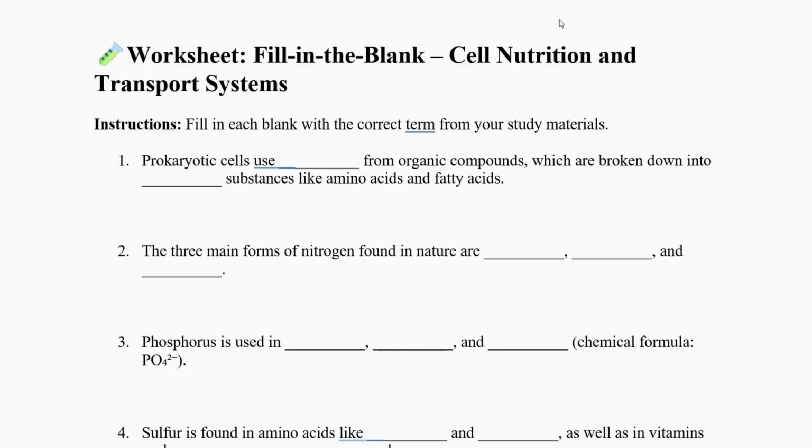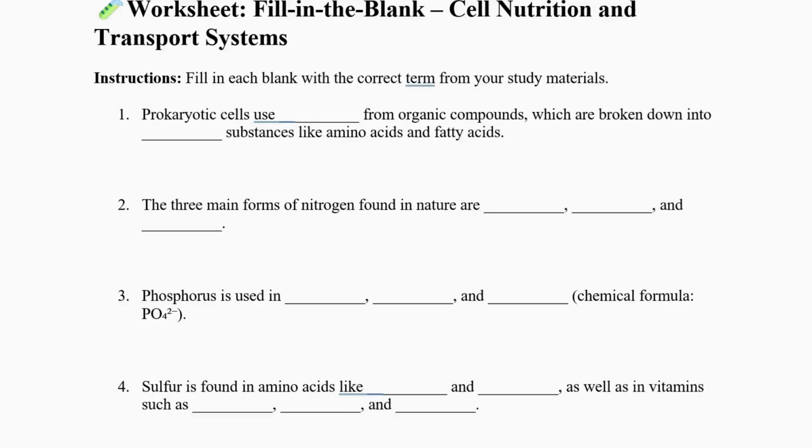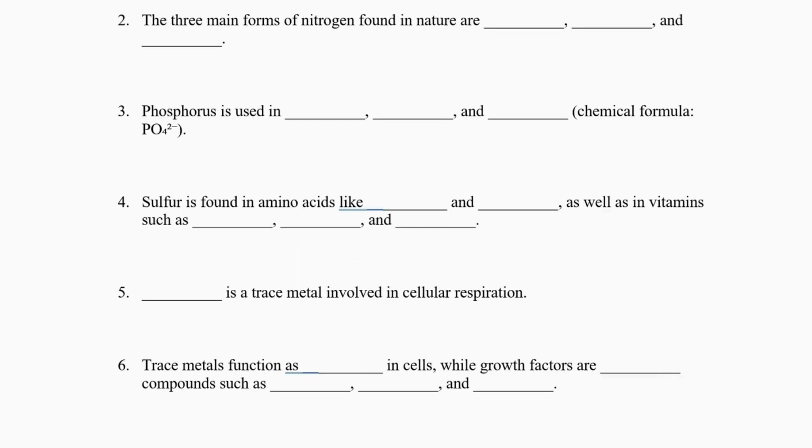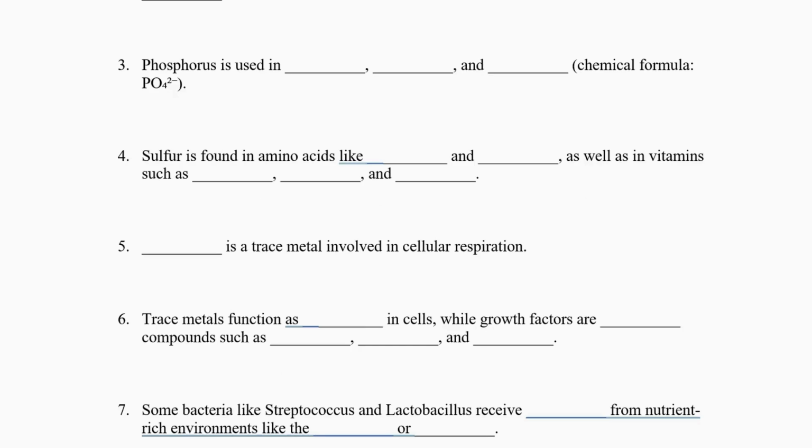Phosphorus is used in what? Number 4. Sulfur is found in amino acids like what, as well as in vitamins such as what? Number 5. Blank is a trace metal involved in cellular respiration.